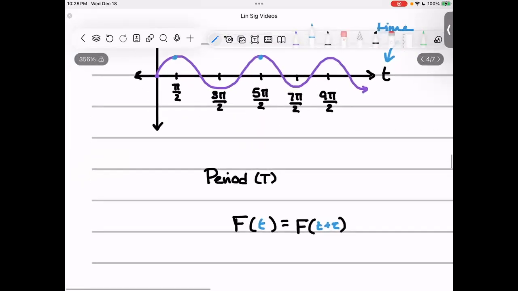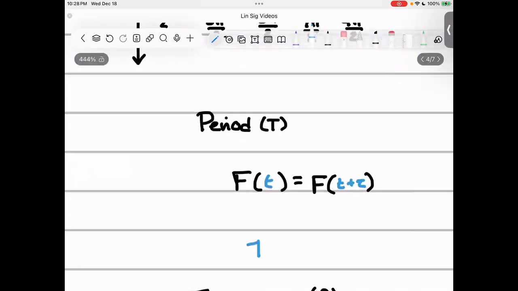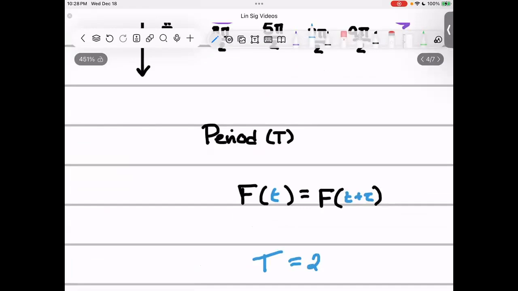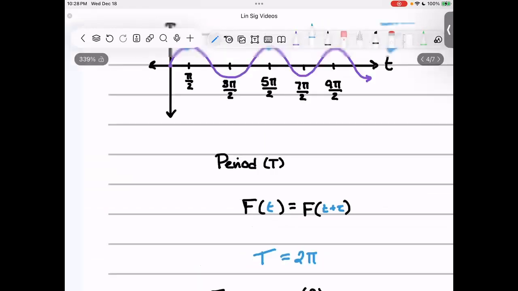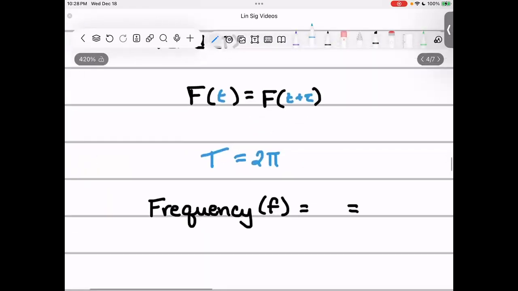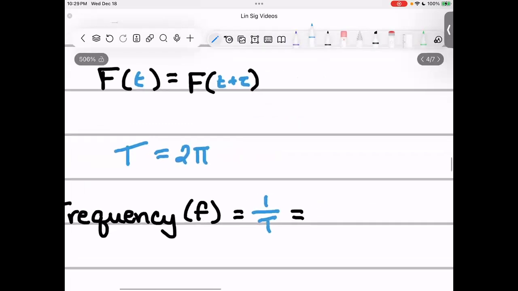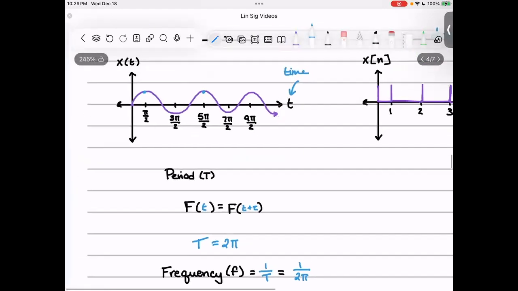So T of my x of t here is 2 pi. We can also define the frequency of a function as 1 over T. So in this case, 1 over 2 pi is the frequency of this function.